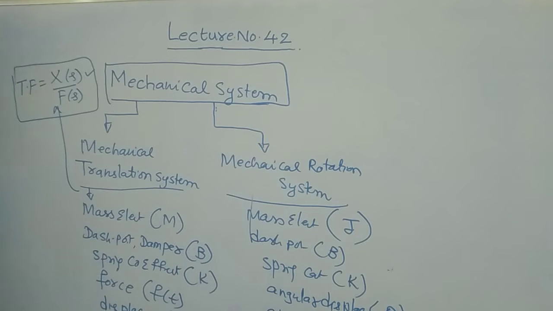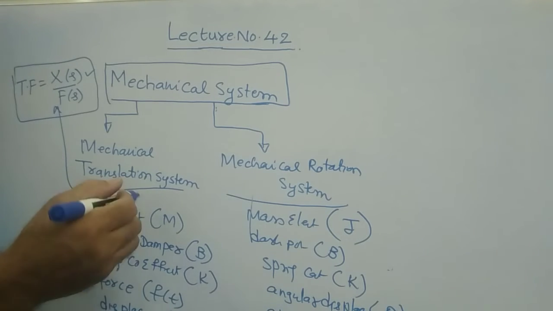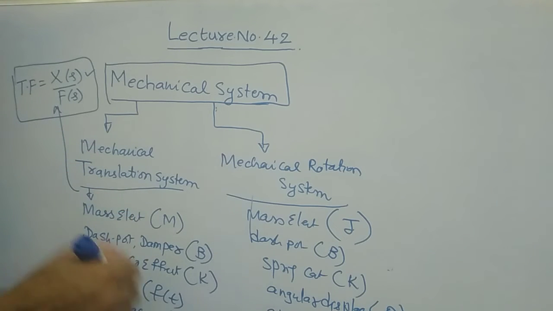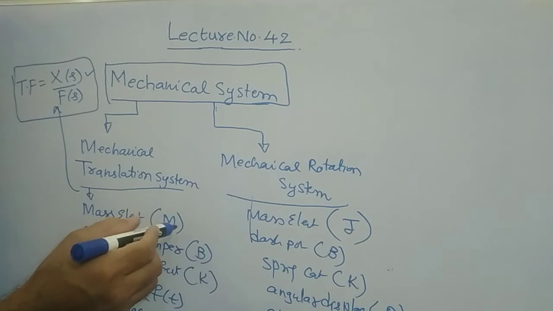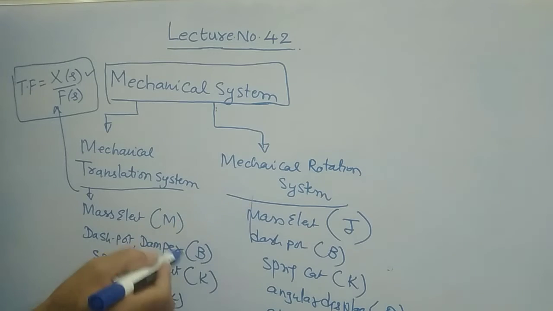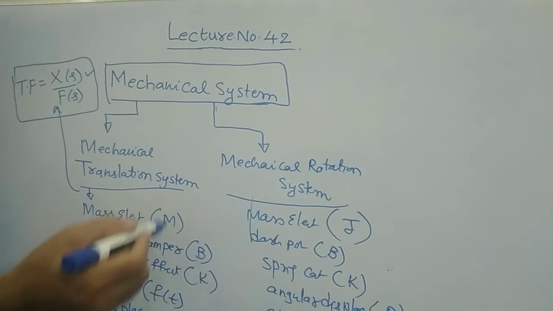What we need to do? The very important thing you must remember is that these are the basic elements involved in mechanical translational systems. We just need to know the corresponding equivalent electrical element for each of these mechanical elements.